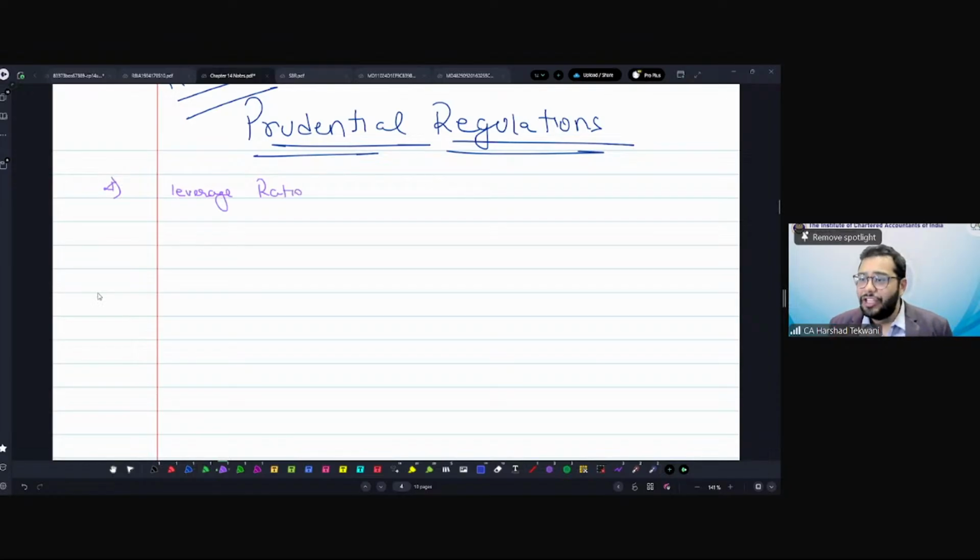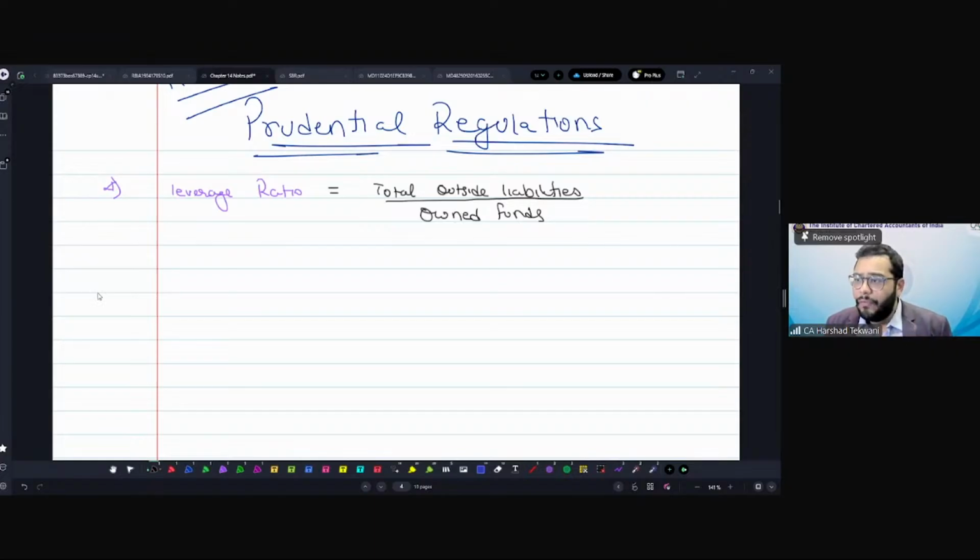Now, what is a leverage ratio? The leverage ratio is nothing but the total outside liabilities divided by your own funds.